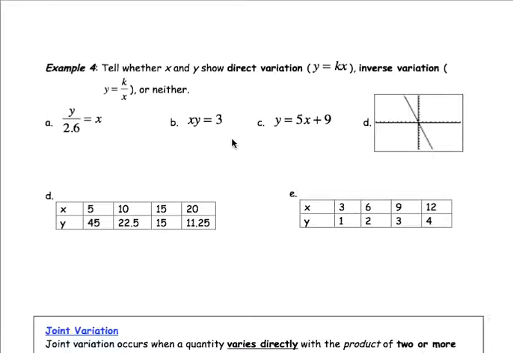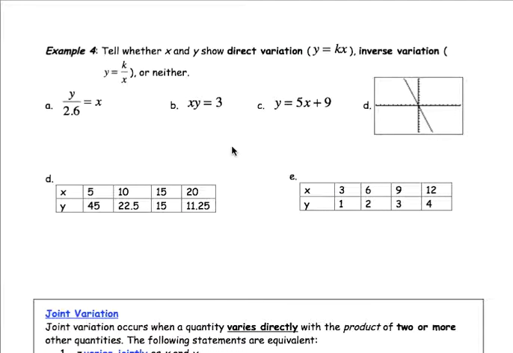Okay, so now we are asked to determine if we have direct variation or inverse variation, using the two models. So we've got y equals kx and y equals k over x. One is direct, one is inverse. So you might want to pause the video, try these out on your own, and then check with the work that we're doing here.